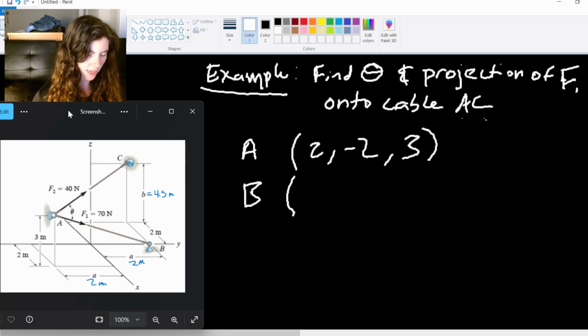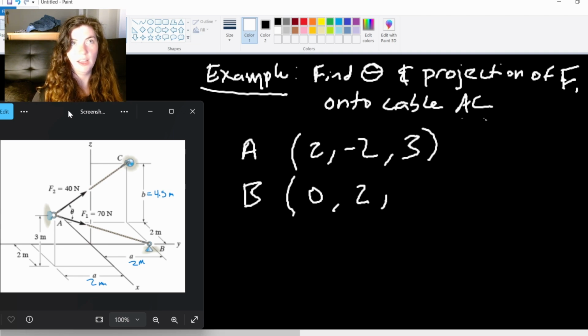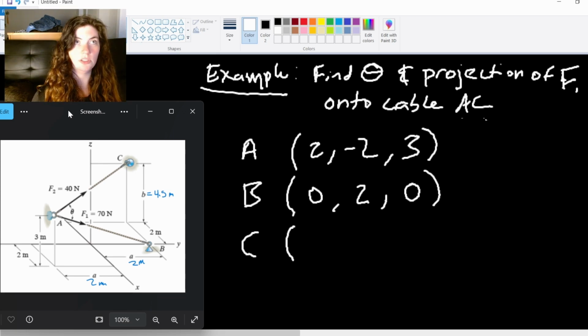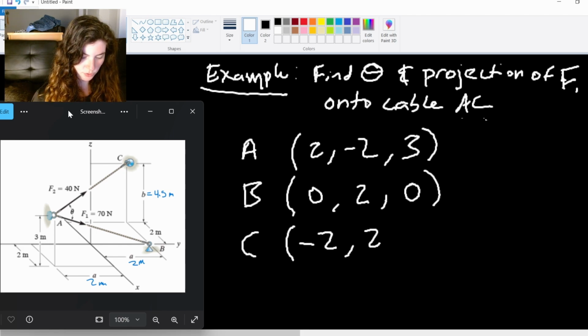Our B location, we're located just on the y-axis. So it's over by 2 on the y-axis, and it doesn't move at all in the x or z. That's going to be 0, 2, 0. And the position of our C point, it looks like it is going back by -2 in the x direction, a +2 in the y direction, and then in the z direction, a +4.5.